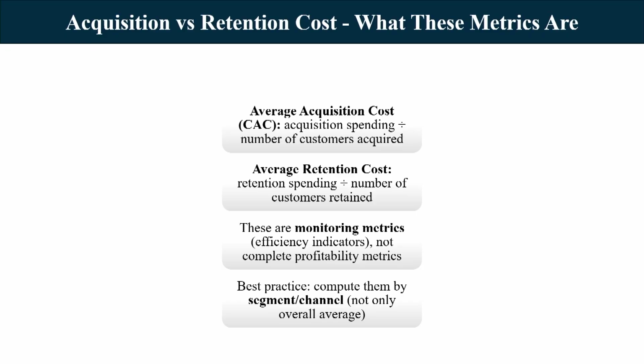So, basically whenever we talk about these critical metrics such as average acquisition cost or average retention cost, these are some of the monitoring metrics, and they indicate the efficiency of your business operations and marketing initiatives. They may not be complete profitability metrics, but they are indicators of the effectiveness of your marketing campaigns.